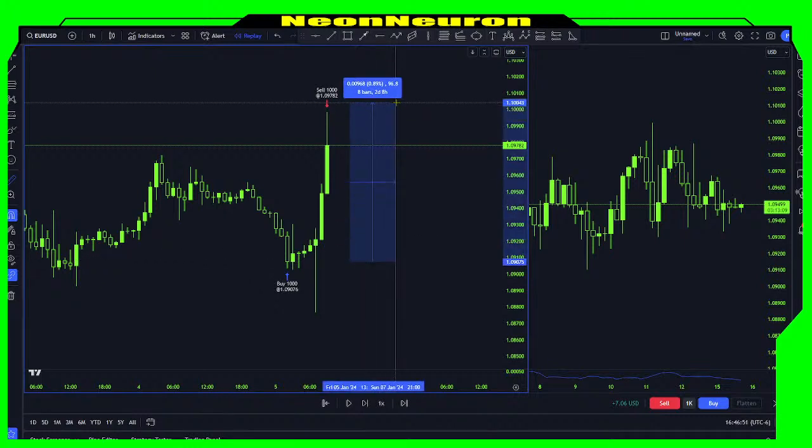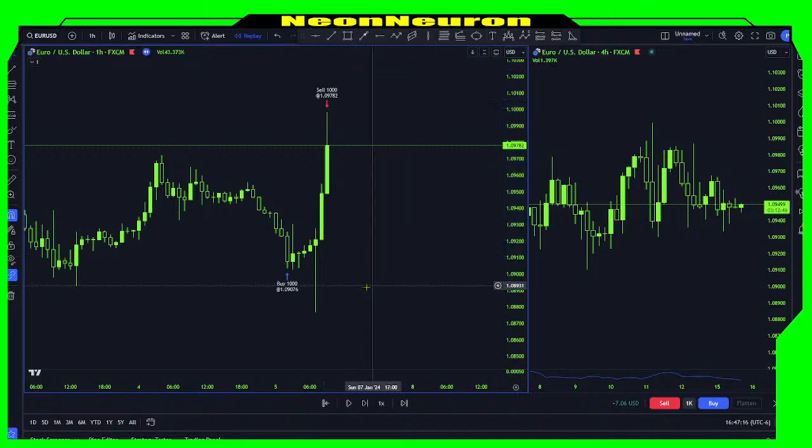All right, roughly 80 to 81. Okay, so that's 100 pips roughly. So we're looking at 100 pips on that trade in order to make $9, or $7 rather. We have to move 100 pips with 0.01 lot size.